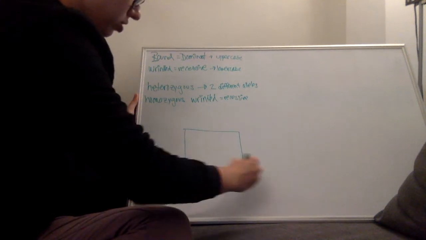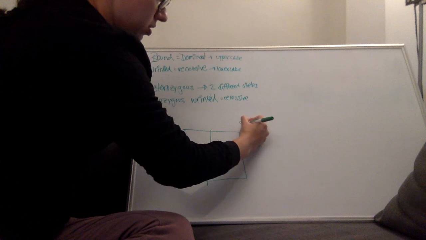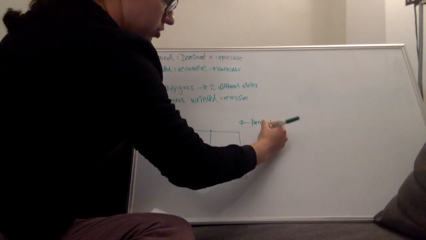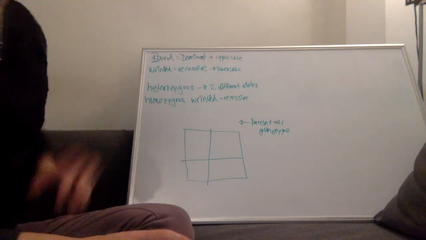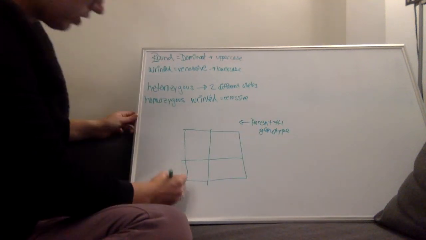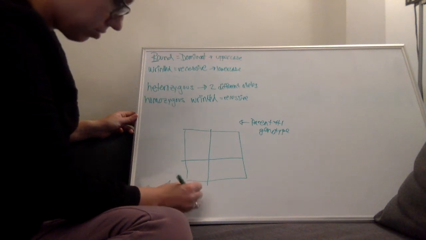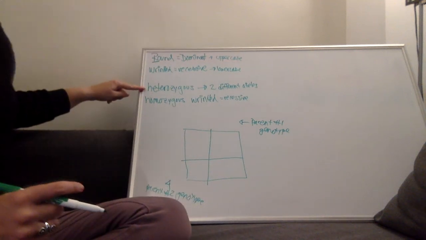Okay, so now we'll have a Punnett square. Punnett square just looks like this. Okay. Up here, we have parent number 1, genotype. Right? That's our genes. Over here, we'll put parent number 2, genotype. Okay. Our first one was heterozygous.